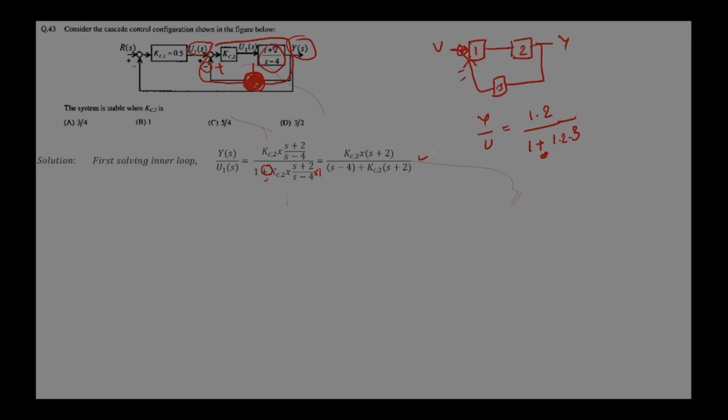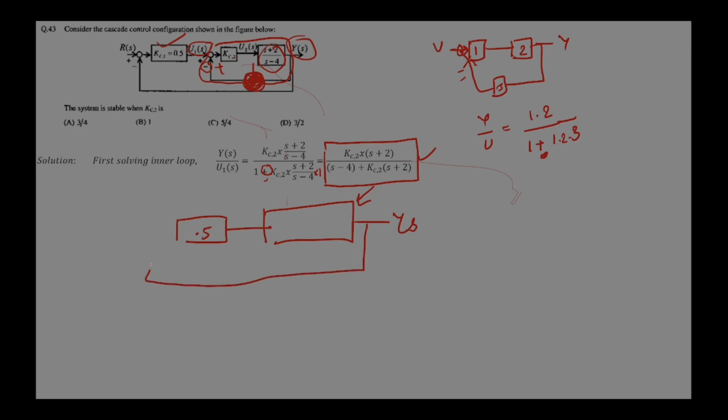So this is the inner loop solved, and it will be aligned with 0.5, that is this, and this whole, this, now Ys. Now final Ys, again we don't have it, and this Rs now.